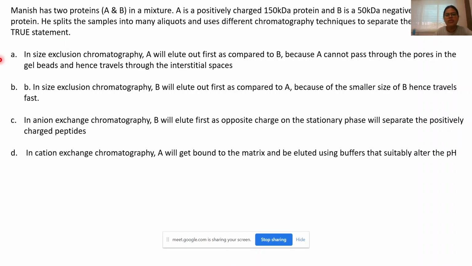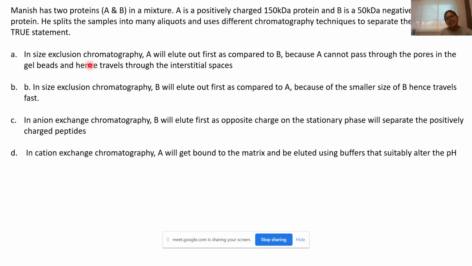So now you have been given two important pieces of information regarding what kind of proteins A and B are. One is the charge: protein A is positively charged. And another is the molecular weight. Protein A is positively charged and 150 kilodalton, and protein B is 50 kilodalton and negatively charged.